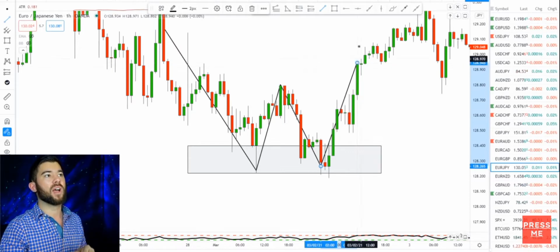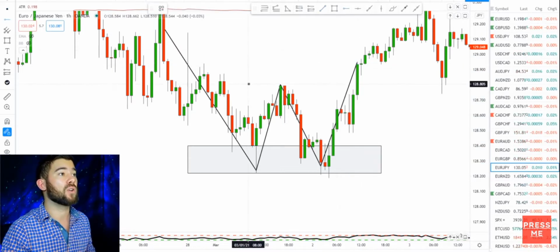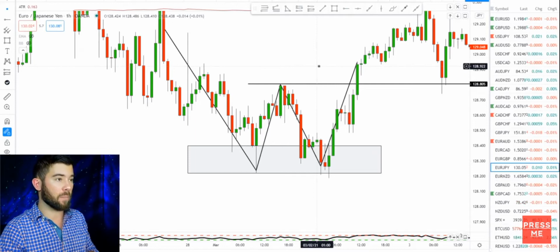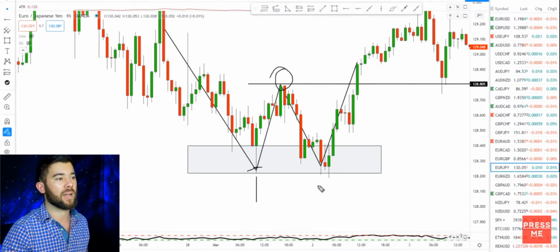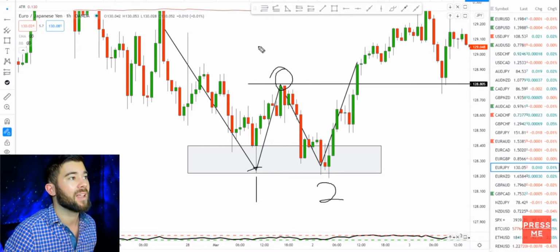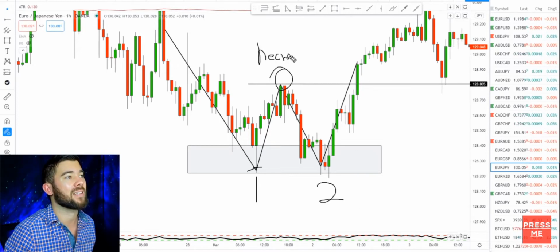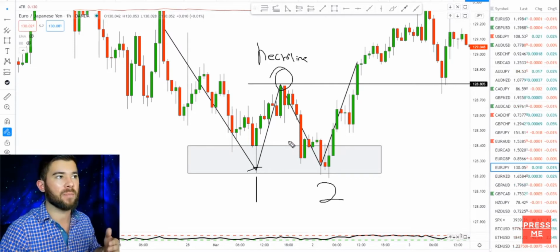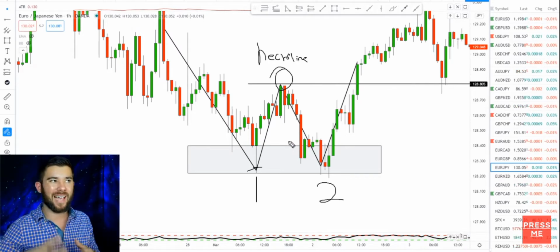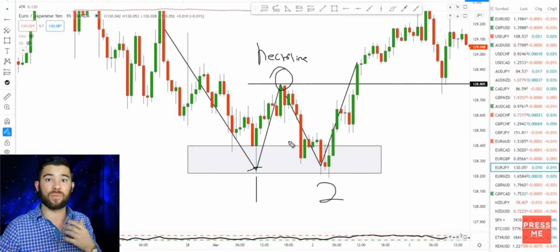So much so that we push up enough to break and close above what is called the neckline. So this is bottom number one of a double bottom, bottom number two of a double bottom. This is referred to as the neckline, and that is the initial pullback from the first bottom that we need to break in order to classify this as an actual double bottom.